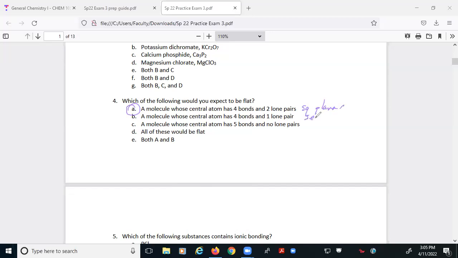This one gives us seesaw. This one gives us trigonal bipyramidal. And neither of those two are anything close to two-dimensional. Even though they have two-dimensional planes in them, the whole molecule is not two-dimensional. Square planar is.